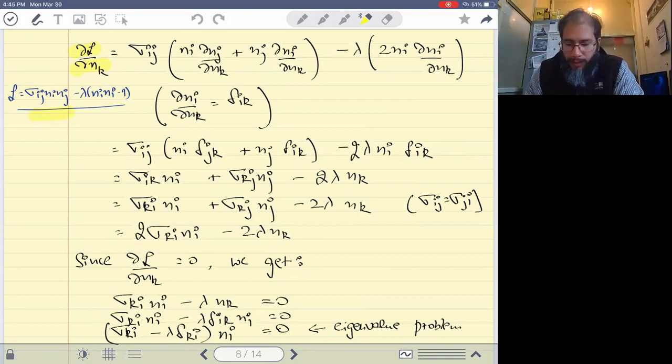So you get n_i times del n_j by del n_k, and you get n_j times del n_i by del n_k. Now sigma_ij is not a function of n; sigma_ij is simply the stress tensor that's given to us. Now, in the second term, you have n_i n_i minus 1. We already know that the derivative of a constant is 0. So we have the derivative of n_i times n_i, which is nothing but twice n_i times del n_i by del n_k.